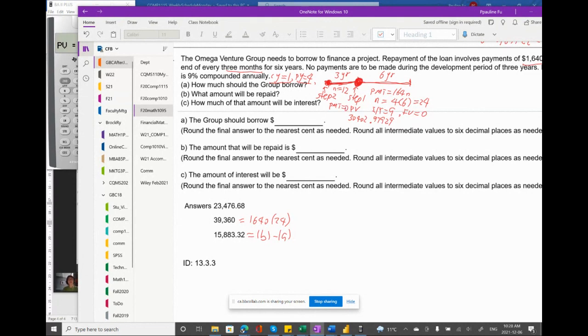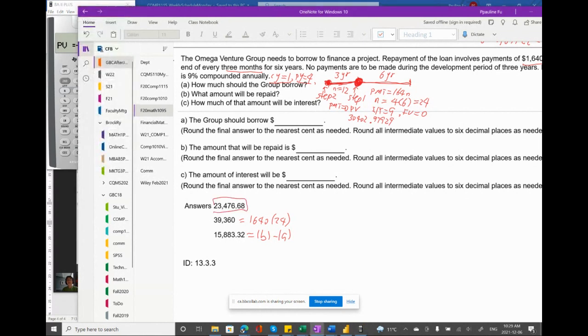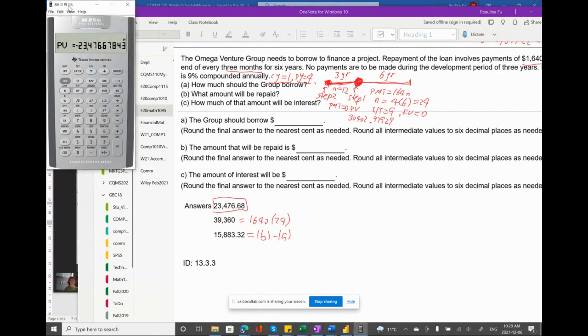This PV, the present value at the beginning of the 6 years, becomes future value at the end of 3 years. So I type in FV, 0 is PMT, 12 is term N, interest is the same. Compute PV. This is the final answer, and I agree with the answer provided here. This is the money you need to borrow.